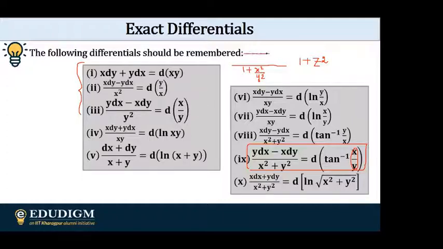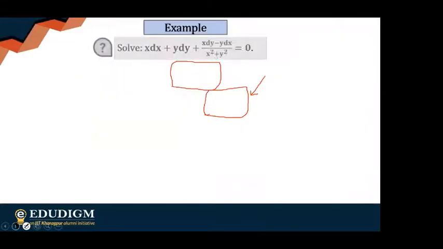The differentiation is very, very simple. y dx minus x dy divided by y square. So in the numerator, I need the differentiation. As you can see, this y square will get cancelled. This is x square plus y square. Here you have this. So once you understand these patterns, then you will understand the rest of the things better.